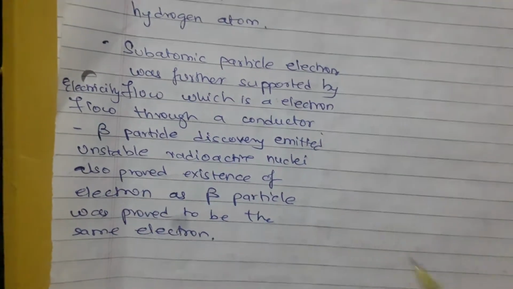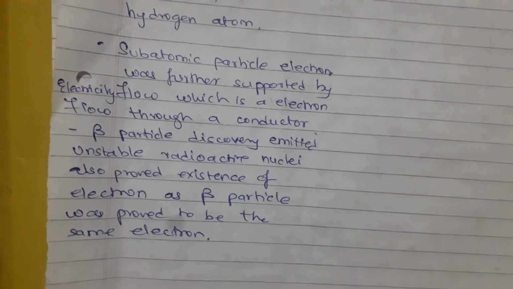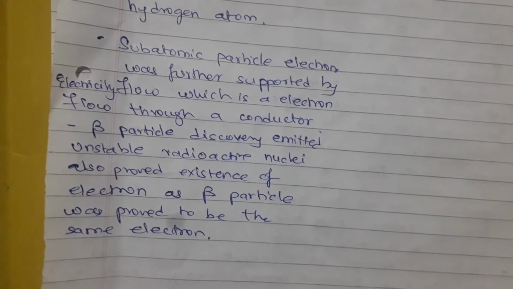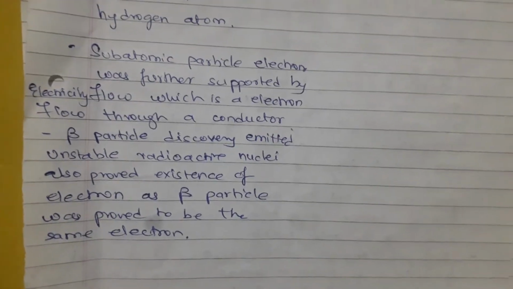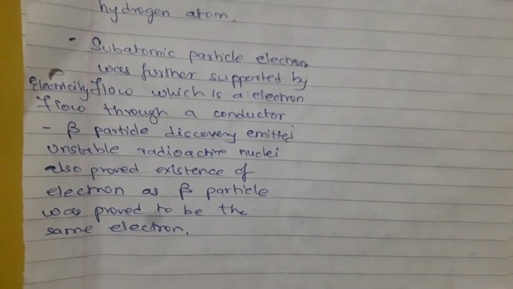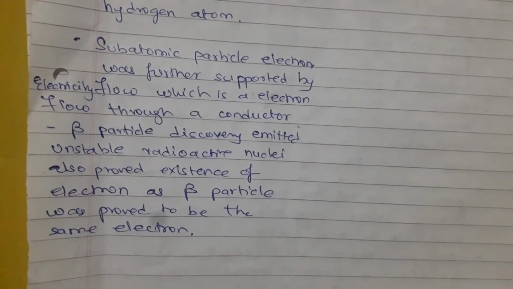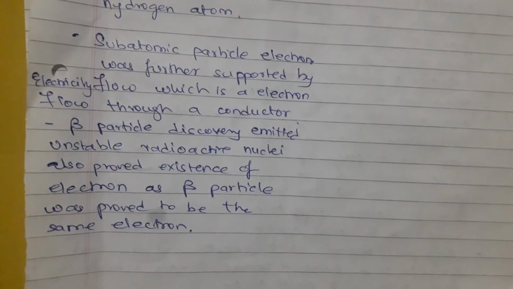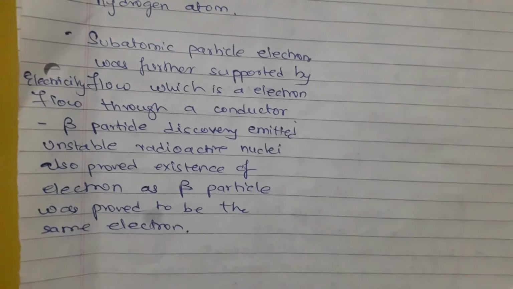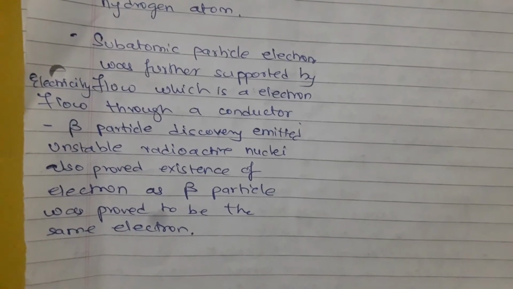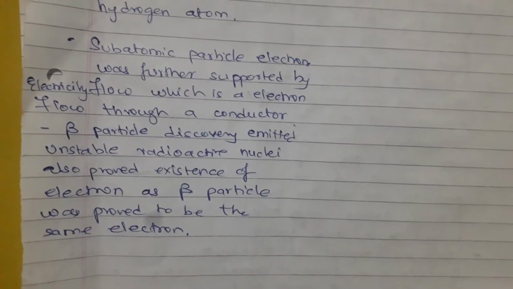Through a conductor, the electrons were further being proved by the flow of electricity. Now the beta particle discovery, emitted from unstable radioactive nuclei, also proved the existence of the electron, as the beta particle was proved to be the same as electrons. It means the electron's existence was also proved by discovering the beta particle, which is observed when it is emitted from unstable radioactive nuclei. So the beta particle is also proof that the electron does exist.